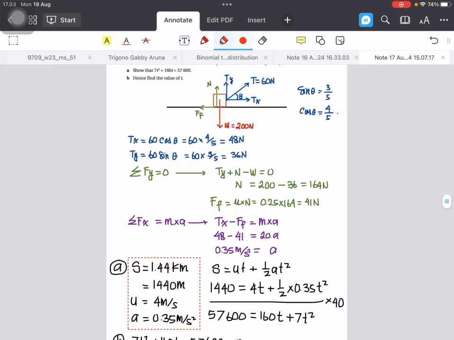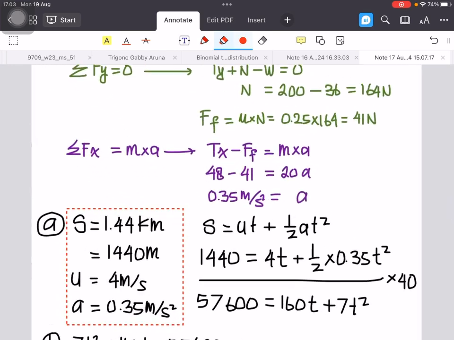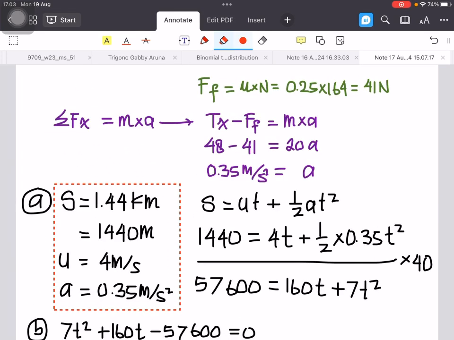Now, from the question, we know that S is equal to 1.44 kilometer, or we can convert into meter, becomes 1,440 meters. And then the initial speed is 4 meter per second, and acceleration is 0.35 meter per second square.